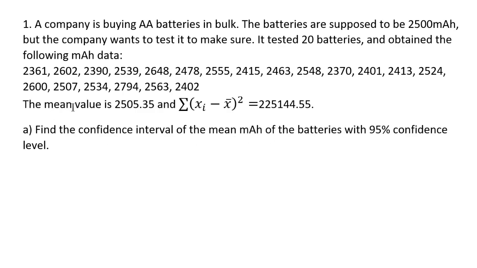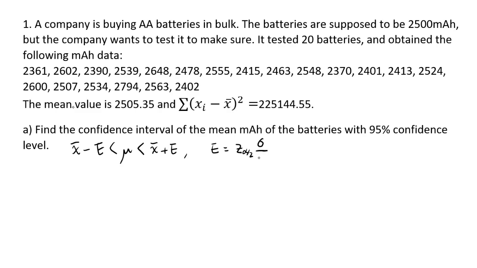All right, so we should first recall the formula: x bar minus E is the lower bound for the population mean, and x bar plus E is the upper bound for the population mean, with E being equal to z alpha over 2 times sigma divided by, not sigma in this case.